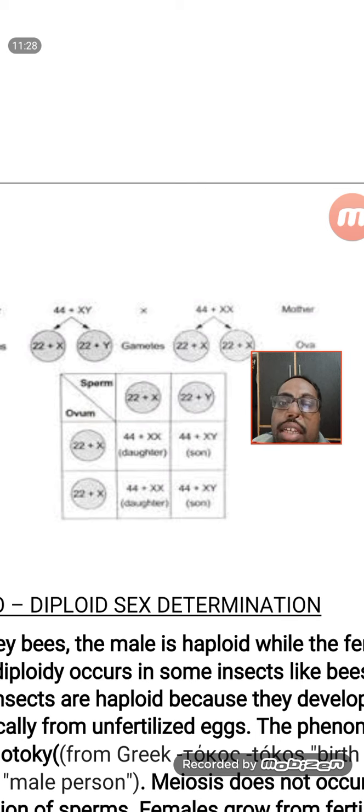So Y is considered, in the XY system, as the character-defining chromosome. And this Y chromosome, compared to the X chromosome, is very small. The Y chromosome doesn't have many characters apart from sex determination; there are very few. But the X chromosome is very big, and with the presence, absence or deletion of any part of the X chromosome, a lot of diseases are possible.